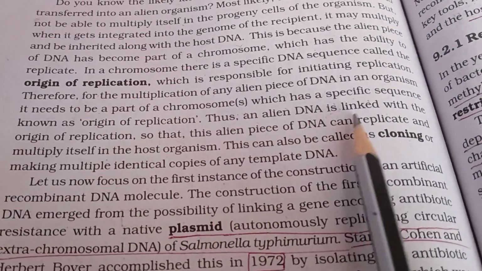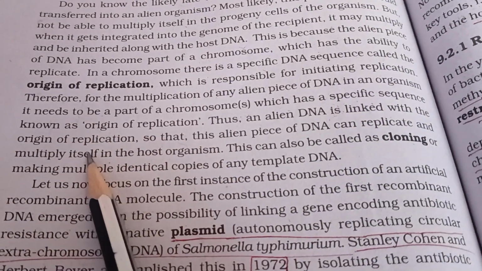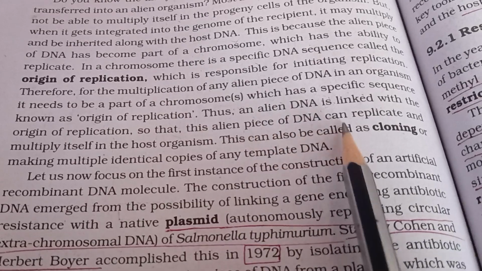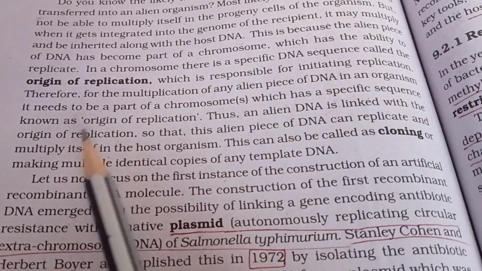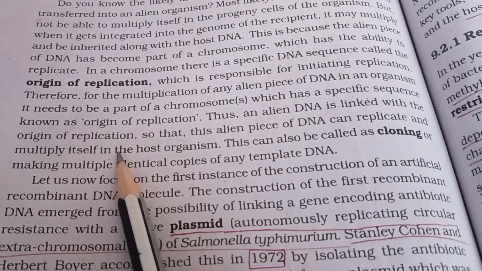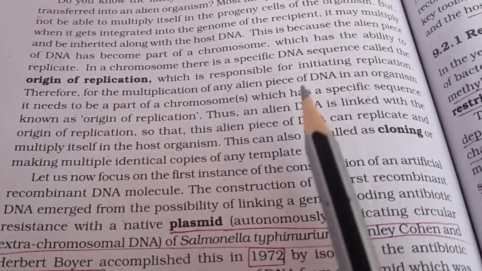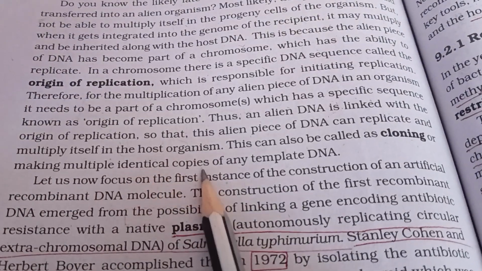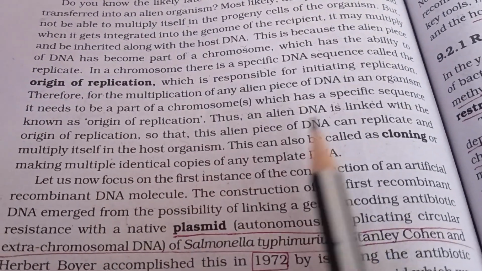Thus, an alien DNA is linked with the origin of replication so that this alien piece of DNA can replicate and multiply itself in the host organism. This can also be called cloning or making multiple identical copies of any template DNA.